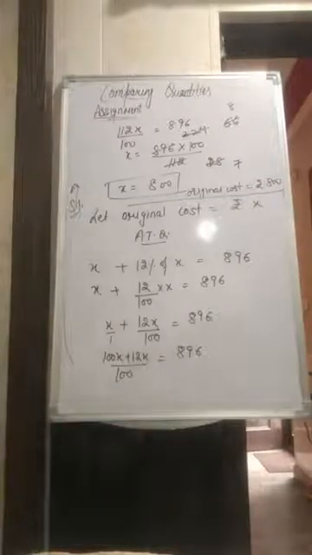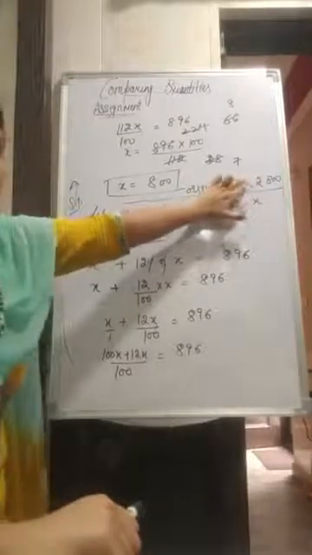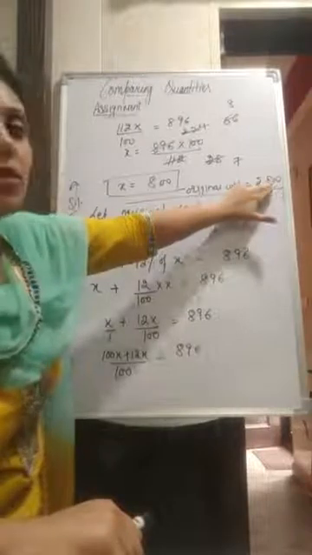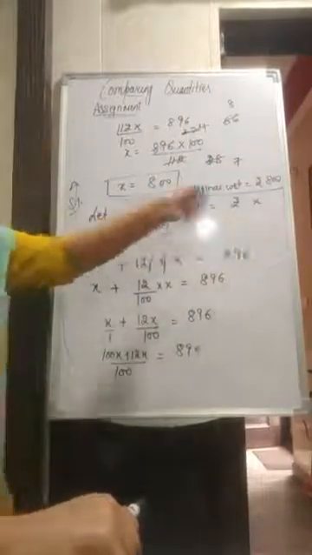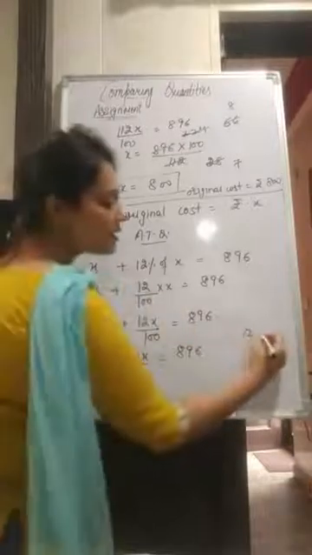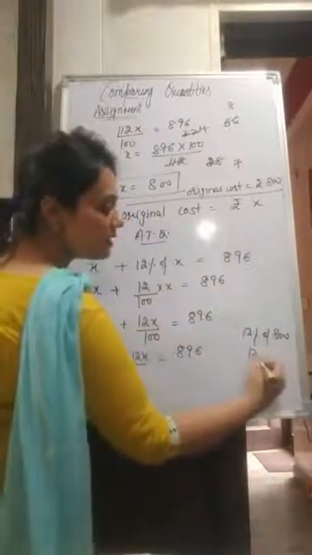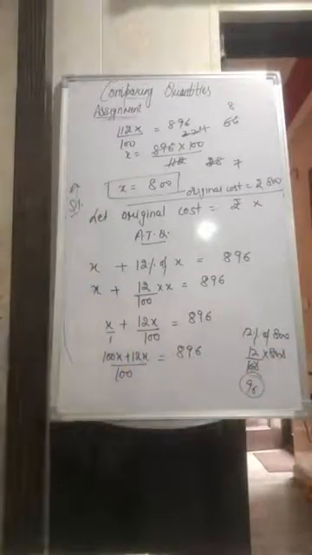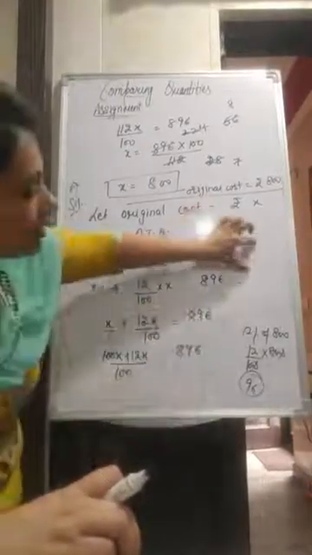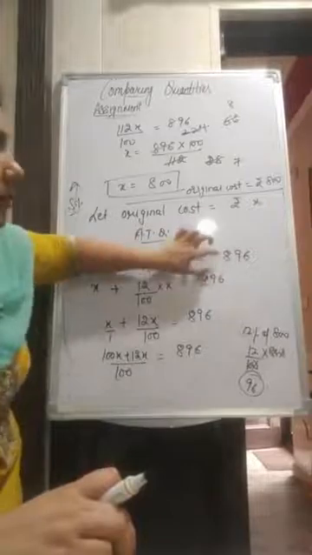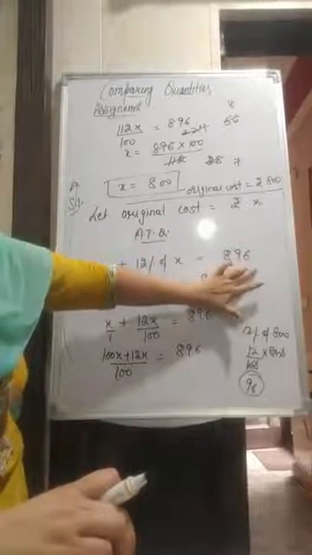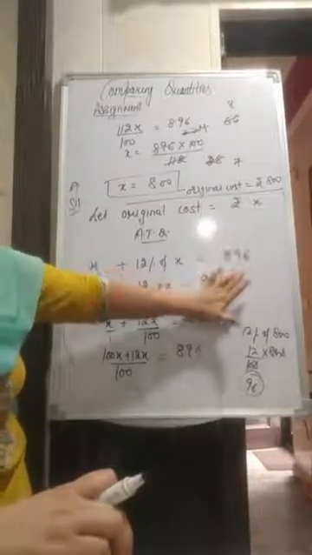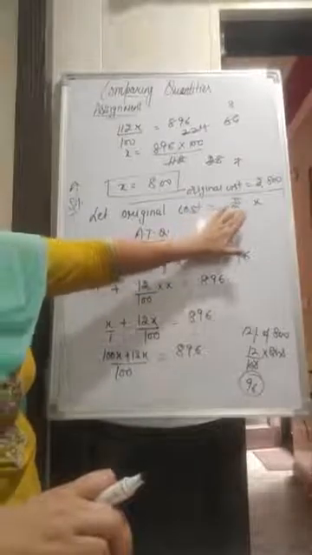Right? So let us discuss this question again. From the answer it will now get clear to you that originally the cost of the flower vase was 800. Then a 12% increase was there. 12% increase किस पे हुआ है? Original cost पे, मतलब 800 पे. तो ये कितना हो गया? 96 रुपीज़ बढ़ गए. तो total cost कितनी हो गई increase होने के बाद flower vase की? 896. हमने क्या निकालना है? Original cost. So for finding the original cost, we suppose the original cost as x.